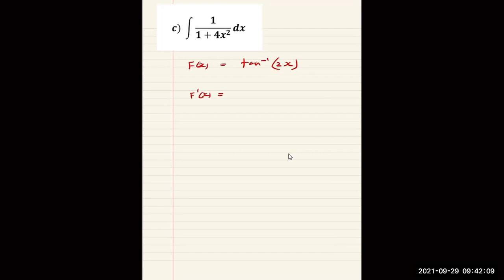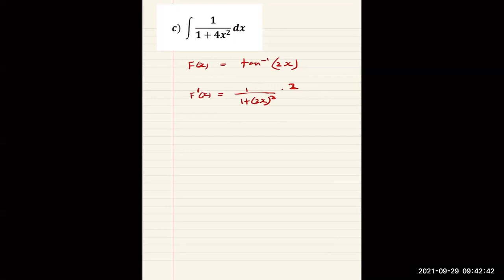The derivative of this function, if I take my uppercase F of x to be tan inverse 2x, would be 1 over 1 plus 2x squared, I'm applying the chain rule, okay, times the derivative of 2x, which is 2. Now, if you simplify this, as you can see, you get 2 over 1 plus 4x squared. Is that what you want, though?